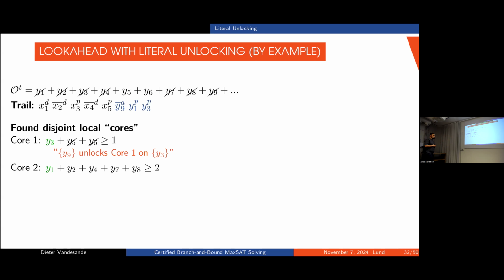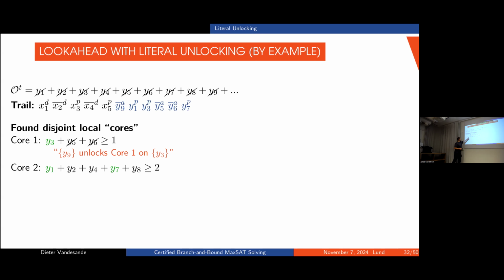And from then on, MaxCDCL says, okay, I can now use y5 and y6 in my search for a new core, because if I would assign y5 or y6 true, then I would already have been able to increase my lower bound. So let's assume them false. We'll assume y5 false, we'll assume y6 false, and this propagates y7.